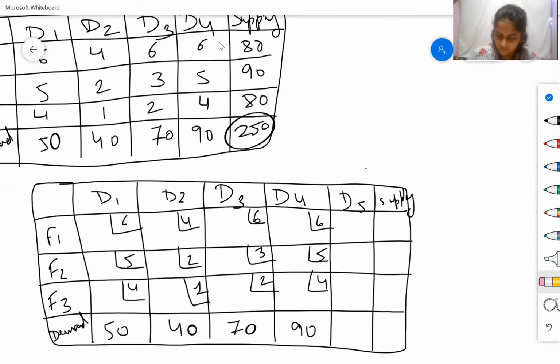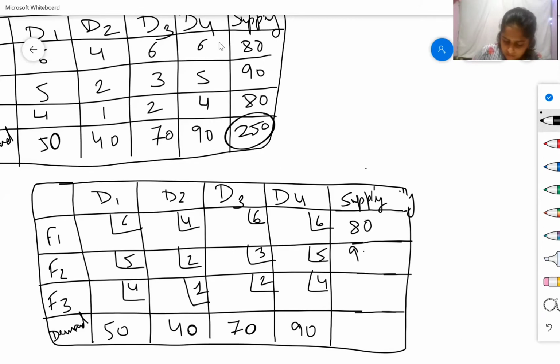Oh, we don't have destination 5. We just have destination 4. As we saw in the question, there are only 4 destinations, and supply is 80, 90, 80, and the total is 250, which means demand equals supply, and we can proceed with the question.